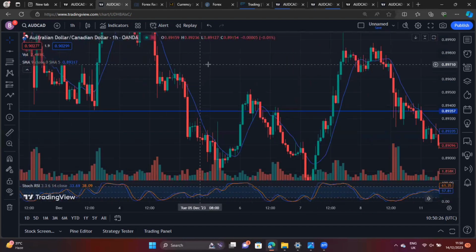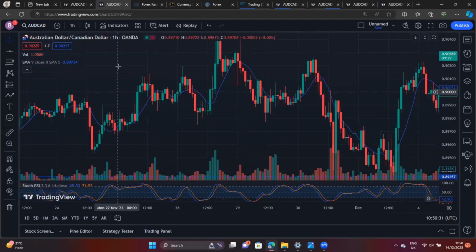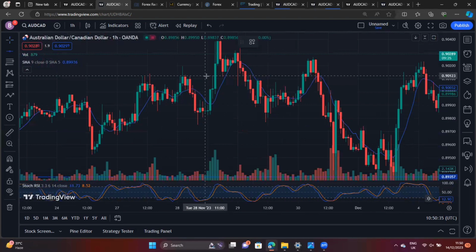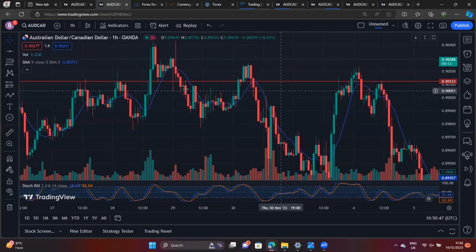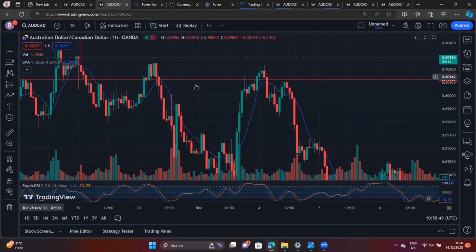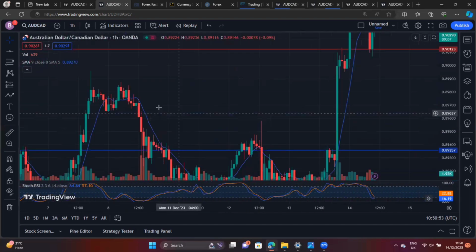Let's look at a few areas and see if we can pinpoint where price resisted and then the zone became our support level. Price resisted all of these areas, and then price dropped all the way down.